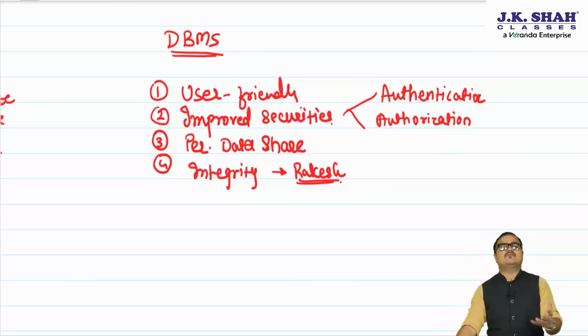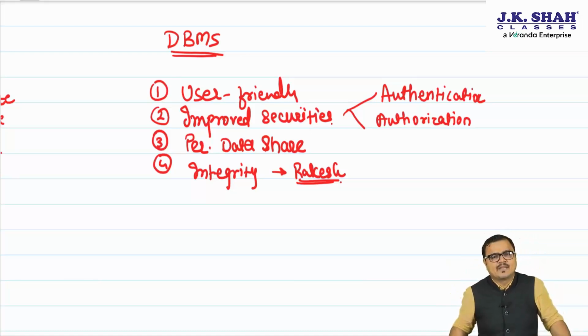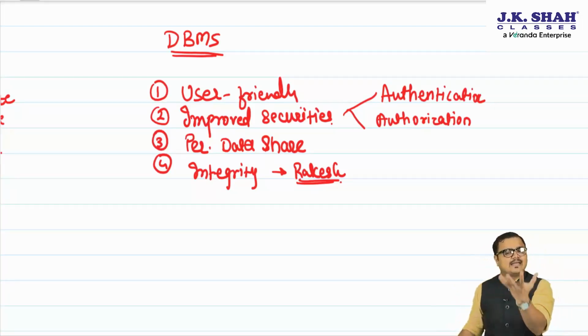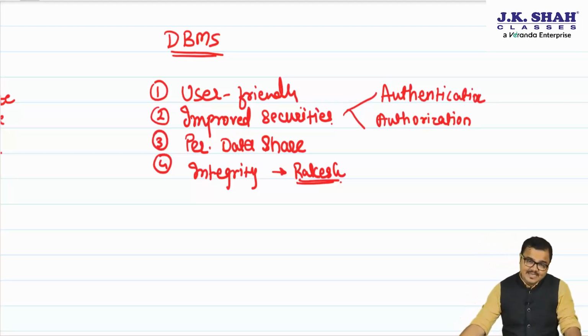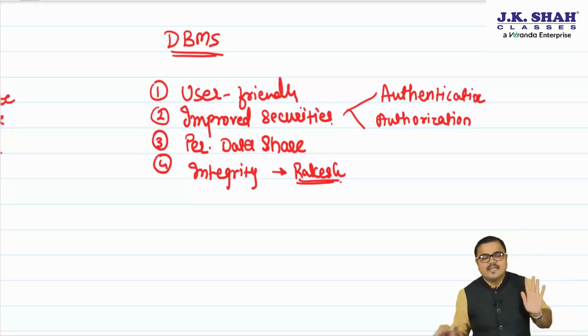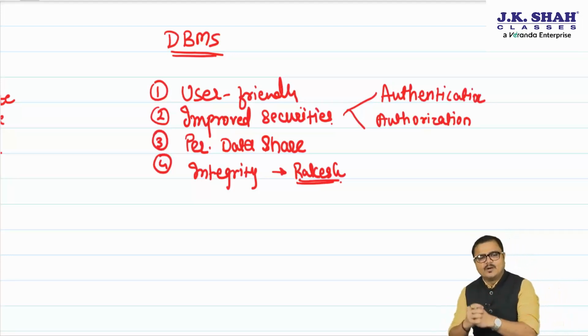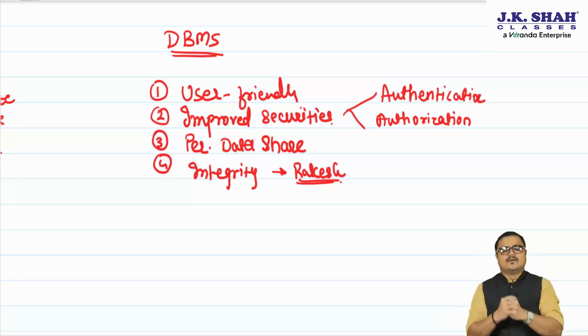No sir, first we are supposed to create the master data. If the master data is there, only then can you record the transaction. So integrity can be appropriately maintained. Do you agree with me? Yes sir. So first, it's very user friendly. Second, improved securities. Third, it permits data sharing. Fourth, integrity can be maintained.